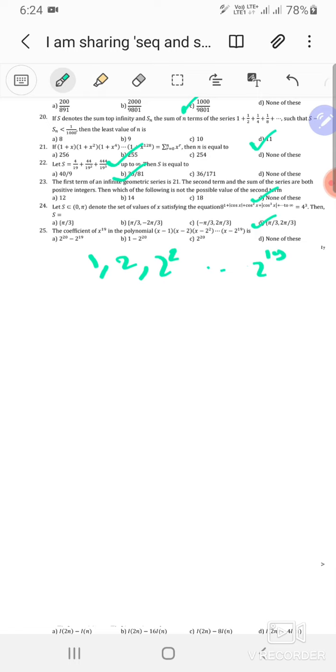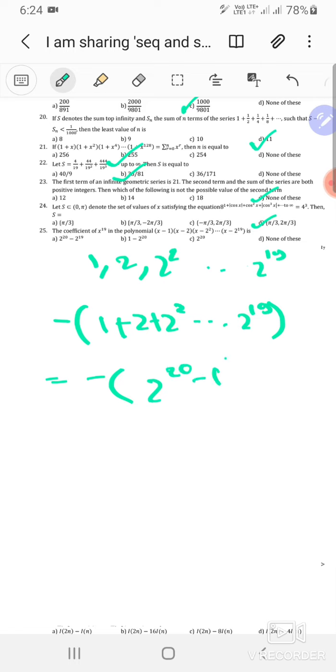So the negative sum of the roots is negative of 1 plus 2 plus 2 squared all the way till 2 power 19. No big deal, we can figure that out. So 2 power 20 minus 1 upon 1, just like that. So yeah, that looks correct. It's just 1 minus 2 power 20.